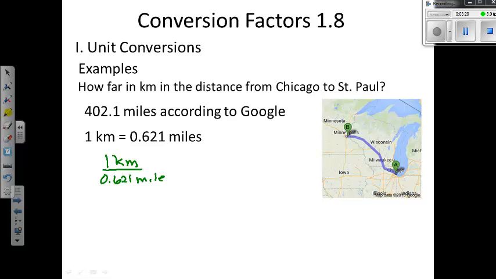If I just start with 402.1 miles, how do I know that's going to get me where I want to go? But here I know I want to end up with kilometers in the numerator, so that's where I start. In order for the miles to cancel out, I put 402.1 up here, and then the miles will cancel out, and I'll get my response in kilometers.